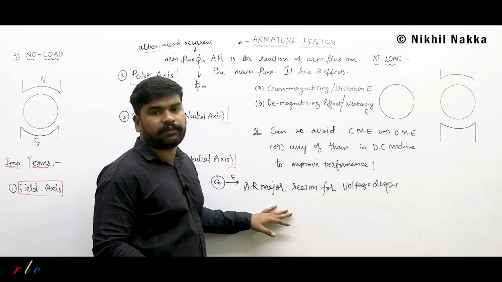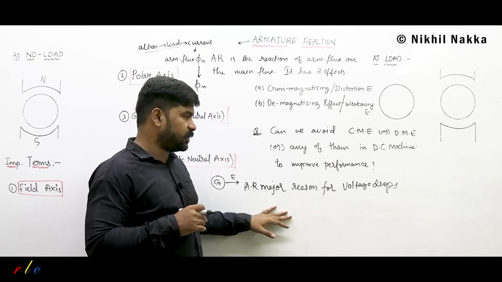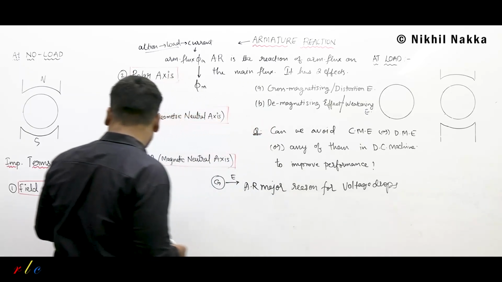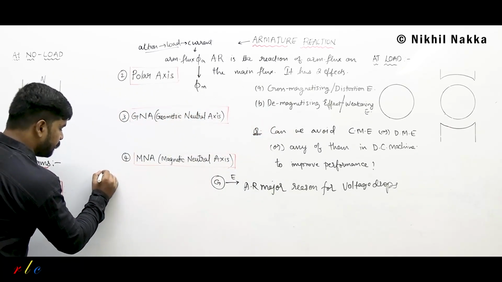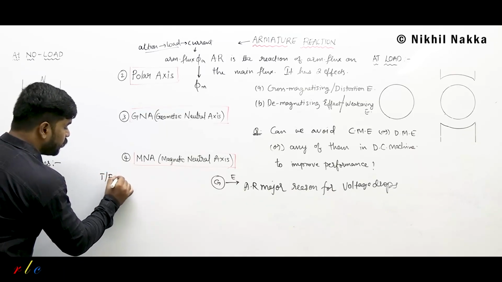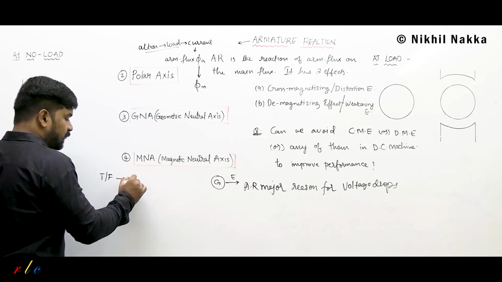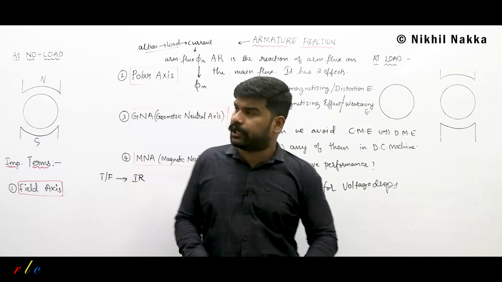Right. Next we will see in different machines what the reasons for voltage drops are. It will give you a good understanding of some concepts. First, let me take the example of a transformer. In a transformer, what are the major reasons for voltage drops? In transformers we have windings, and the voltage drop basically takes place in the winding only.